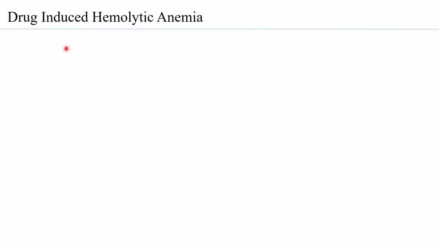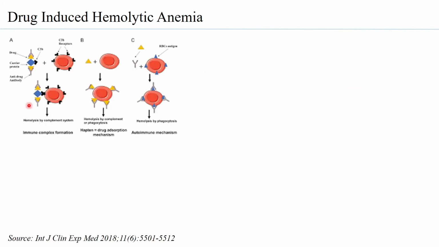Now we have another example, and that is drug-induced hemolytic anemia. What has been observed is that several drugs, like penicillin and cephalosporin, can bind to certain cellular proteins, and can also bind to the surface of RBCs.